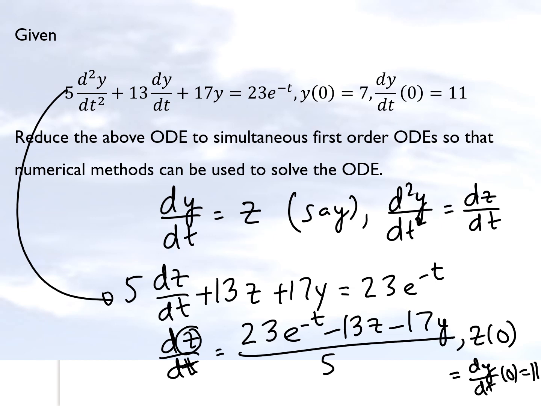However, this is not the only one we have to solve. We have reduced a second order differential equation to a first order one, but it does not come by itself, because you have z as well as y as dependent variables. So we should have another differential equation to carry on with this.